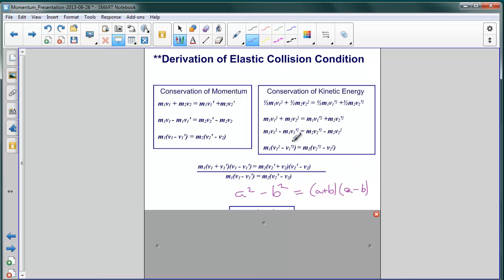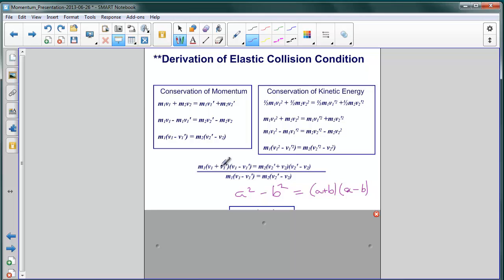And we've done just that here. We've taken v1 squared minus v1 prime squared and taken it into these two terms, v1 plus v1 prime and v1 minus v1 prime, and similarly for the other side, v2 prime plus v2 times v2 prime minus v2.